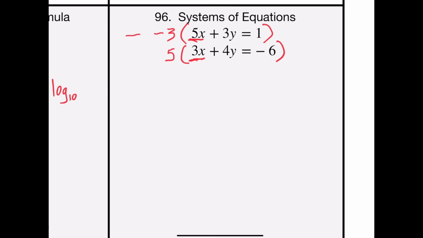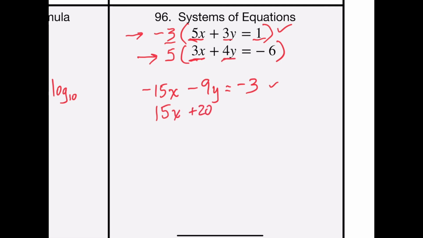So if I multiply the top equation by negative 3, it would give me negative 15x. Negative 3 times 3y is negative 9y. And negative 3 times 1 is negative 3. So I have the same equation, just with a multiple of negative 3. The bottom equation I'm going to multiply by 5. 5 times 3x is 15x. 5 times 4y is 20y.